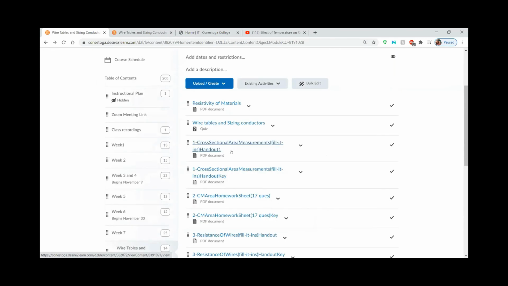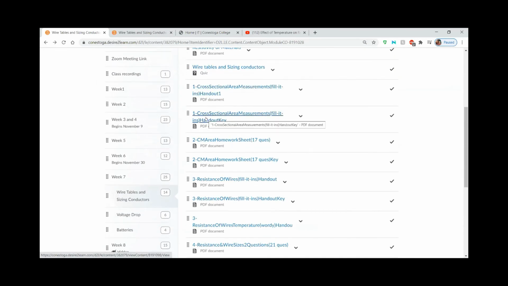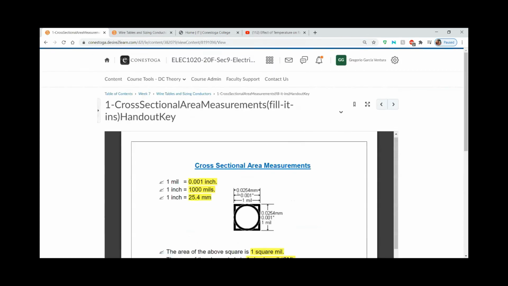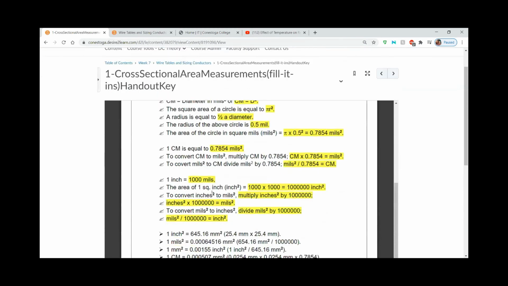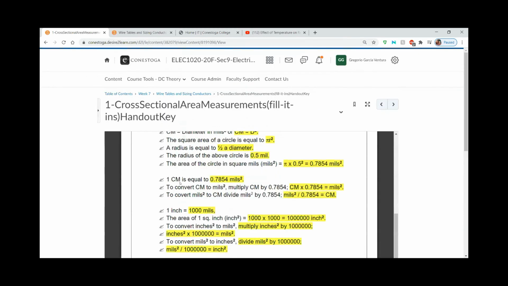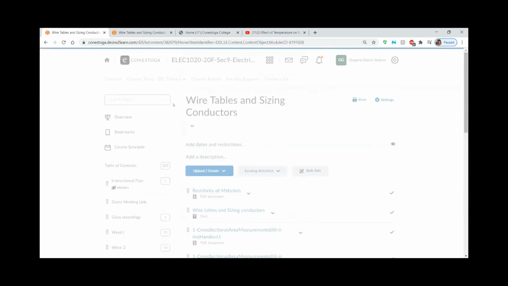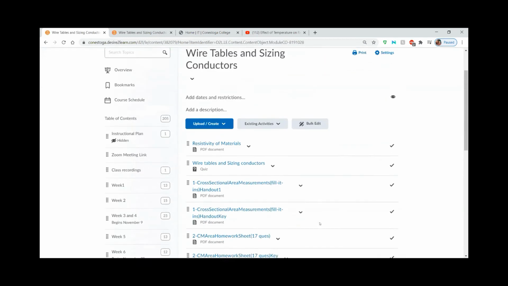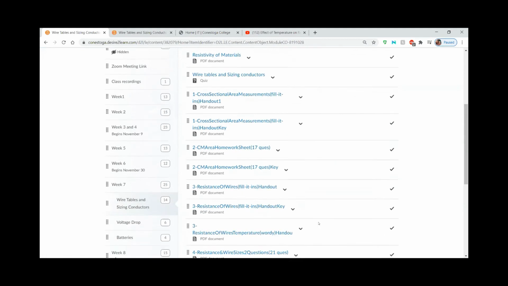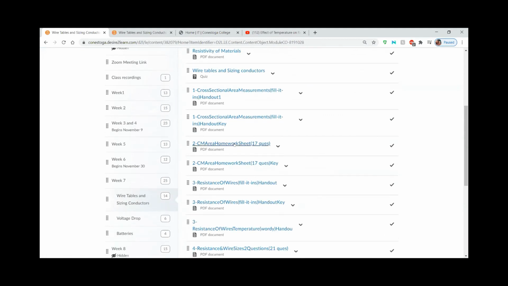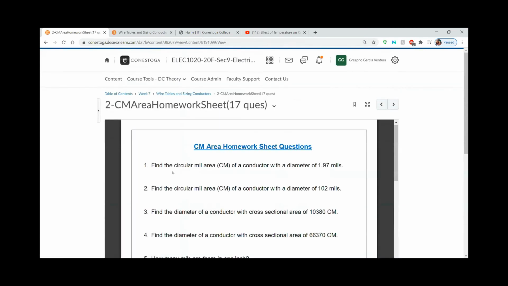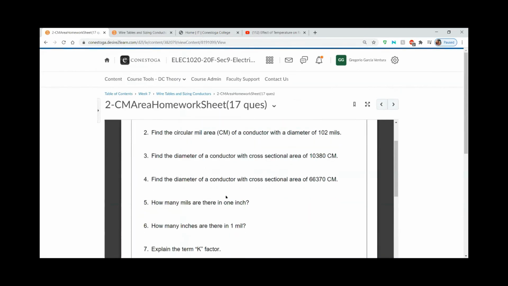All these handouts, thank goodness, have an answer key. So start by filling out the handouts, and you can always go back and check the answer key to see if everything is good.